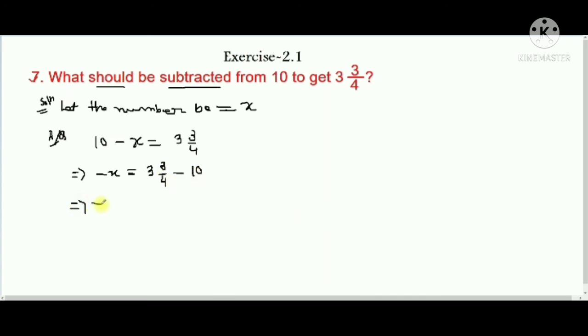So now minus x. Okay, and now a mixed fraction is given, so we'll convert it into an improper fraction. If you multiply 3 times 4, 12, plus 3, that is 15. So there is 15, and there is minus 12.